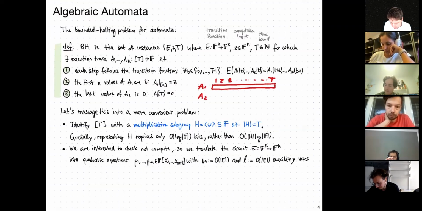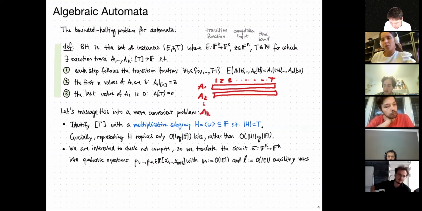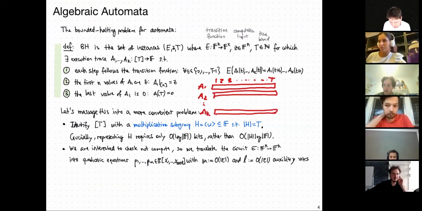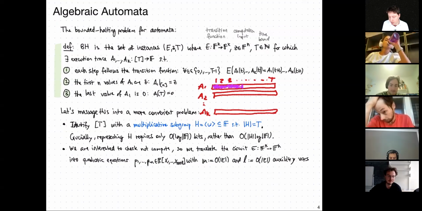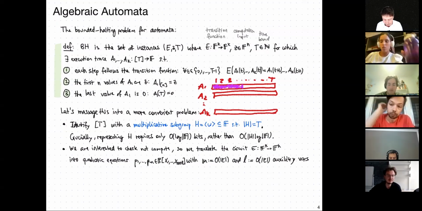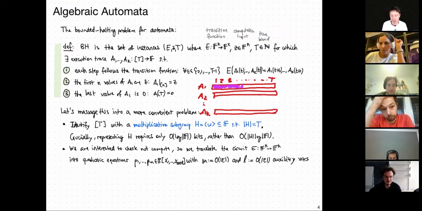This is register 2 as it travels through time, and up to register K as it travels through time. And we're saying that the input must be stored somewhere here in the first n time steps. Okay. So in particular, there is no relationship between K and N. But of course, whatever K is, it is at most E, right?